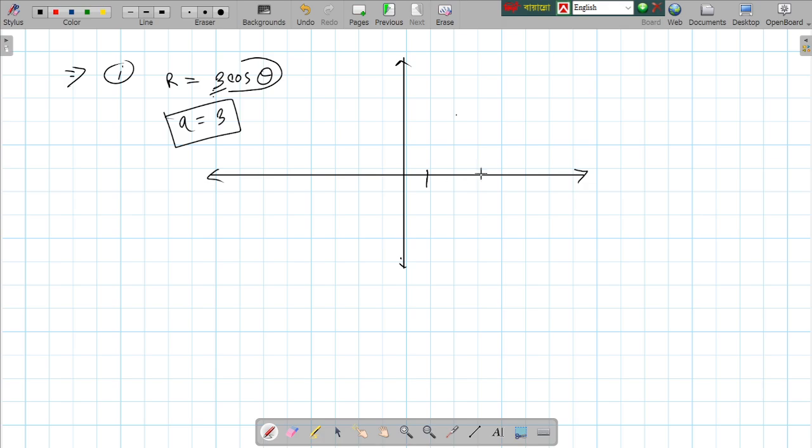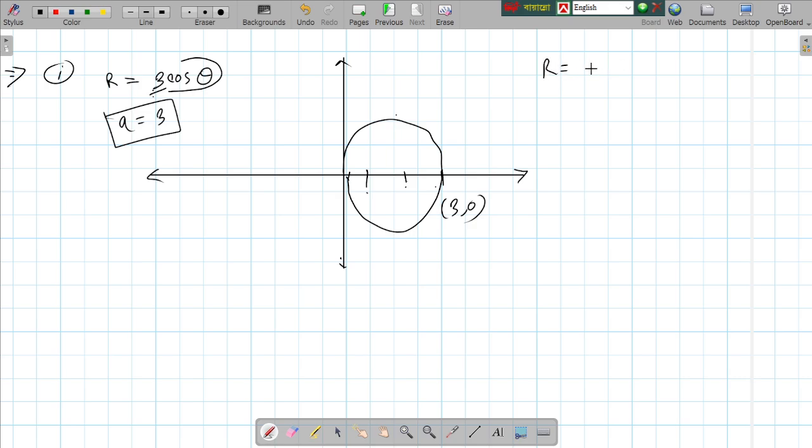So we mark some positions 1, 2, 3. This is the position 3, 0, and this is the circle. It's the r equal 3 cos theta graph.